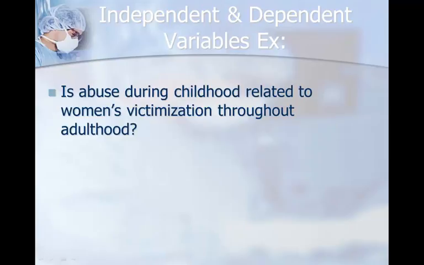Our independent variable, or the presumed cause or influence on the dependent variable, would be the women's victimization. Because if children were not abused, what we're trying to say is if children were not abused, then they would not be victimized in adulthood. So that's why the women's victimization would be the independent variable. Okay?